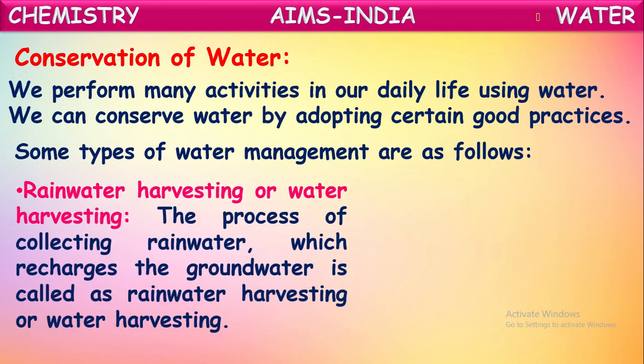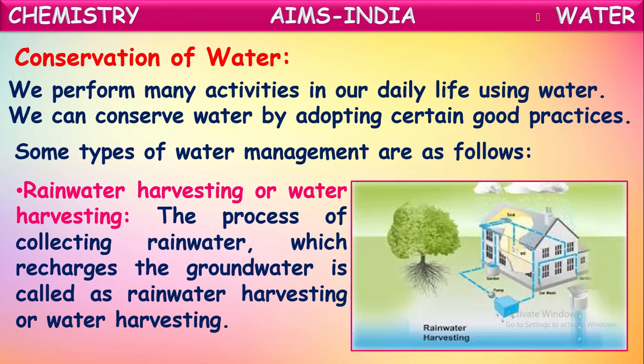One of the important ones is rainwater harvesting, or water harvesting, simply to say. It is a process of collecting rainwater which recharges the groundwater. It is called rainwater harvesting or water harvesting. What do they do? We collect this rainwater.